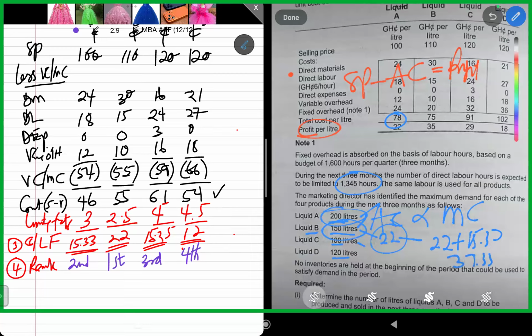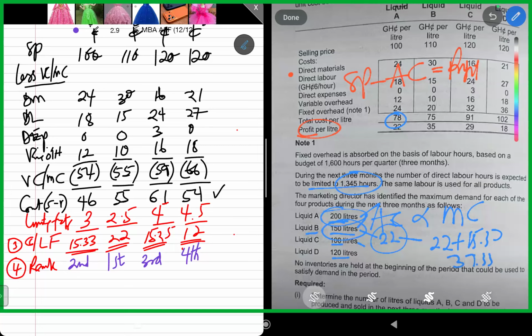If the remaining hours cannot produce anything in D, D should be taken out of the production. I don't have to waste hours producing 120 liters of D, because D will not bring me any profit. Even the profit is the least. So the limited hours of 1,345 is a scarce resource, and we are apportioning it efficiently in order to achieve our objectives. That is basically what we are doing.